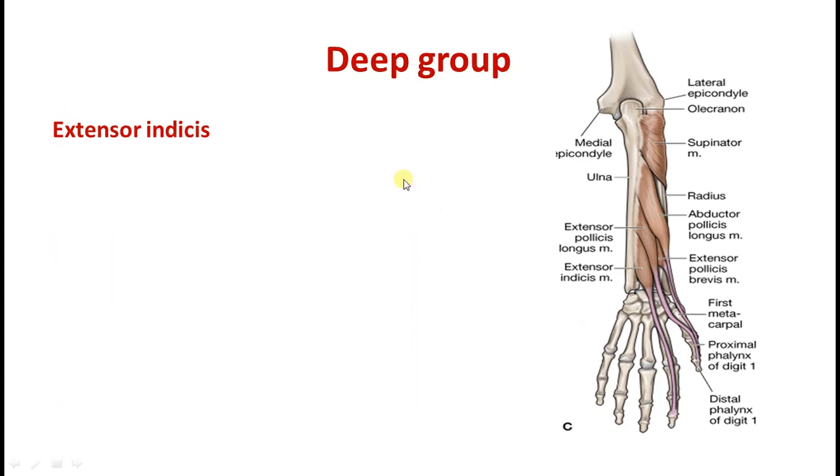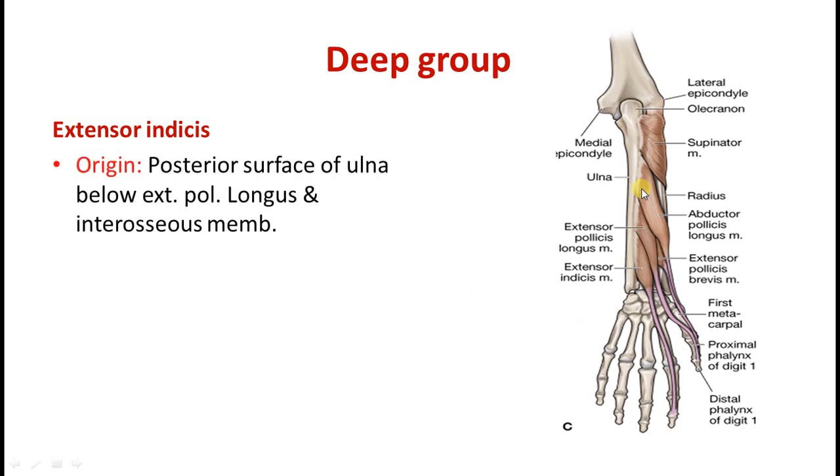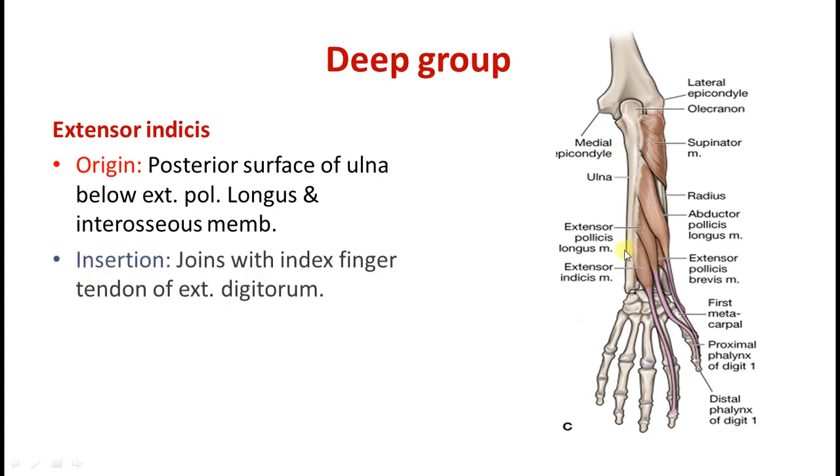The next muscle you are able to see in the deep group is the extensor indicis. So, we have seen supinator, abductor pollicis longus, extensor pollicis longus, and extensor pollicis brevis. Now, the last muscle is the extensor indicis. It arises from the posterior surface of the ulna below the origin of extensor pollicis longus and from the adjoining interosseous membrane.